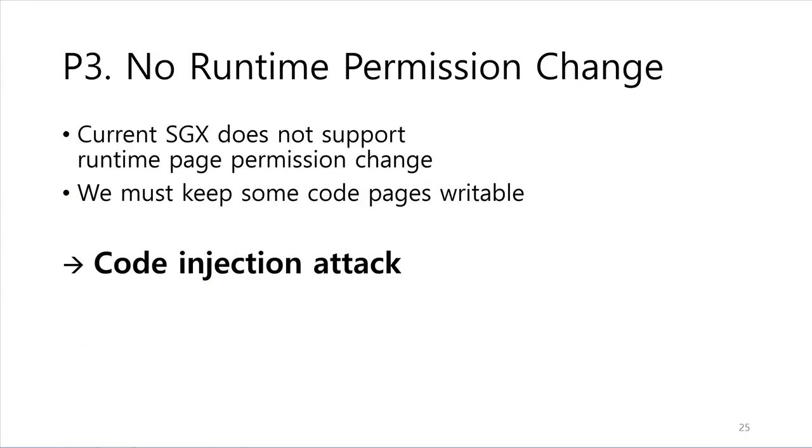So when we first set up the enclave using the hardware-based permissions, we must set some code pages as writable. However, there is no runtime permission change support, so we cannot disable the writable permission from the code pages during all the runtime. So it opened the possibility of code injection attacks.